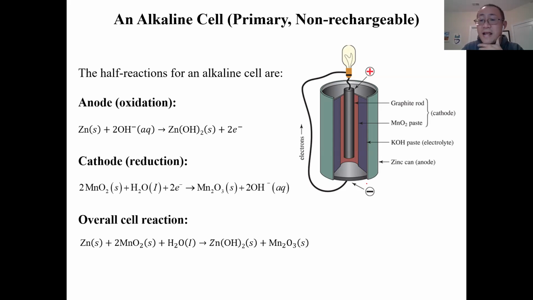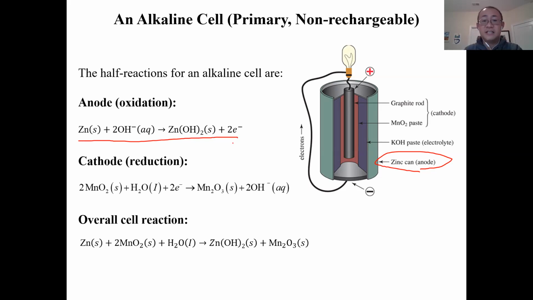But the real anode is the zinc metal, wrapped around the battery. That's why if you peel off the battery label, you will see the shiny metal. That's zinc metal wrapped around the battery, and that is the anode where electrons come from. You can see that zinc loses the electrons to become zinc 2+.